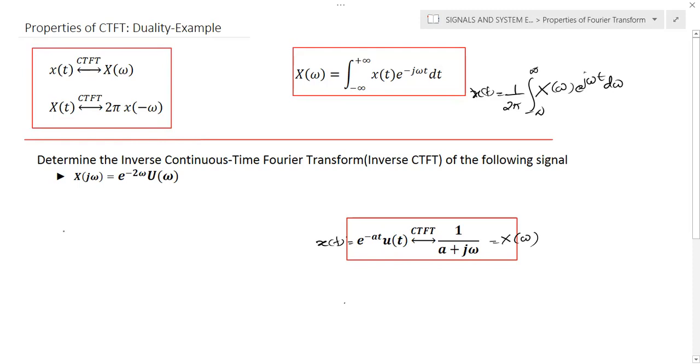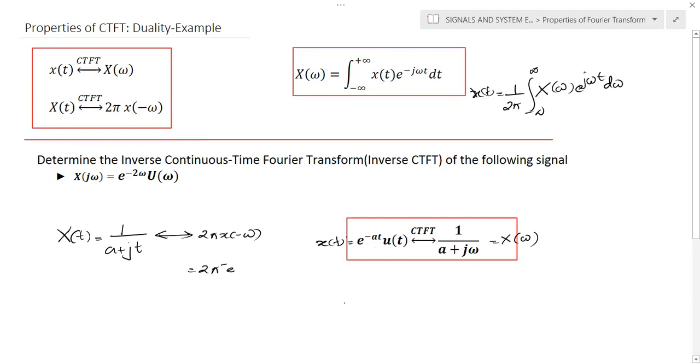Now we can write x of t here. If you write capital X of t, by applying the duality theorem, that is 1 by a plus j into t. We know the Fourier transform of this particular signal is 2 pi into x of minus omega. And here 2 pi into x of minus omega means we need to substitute, this is actually x of t in this particular question.